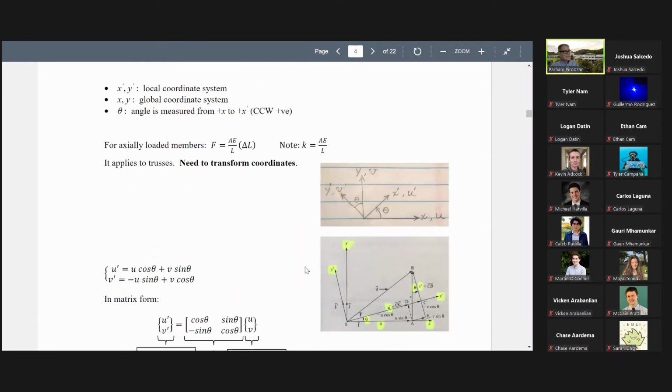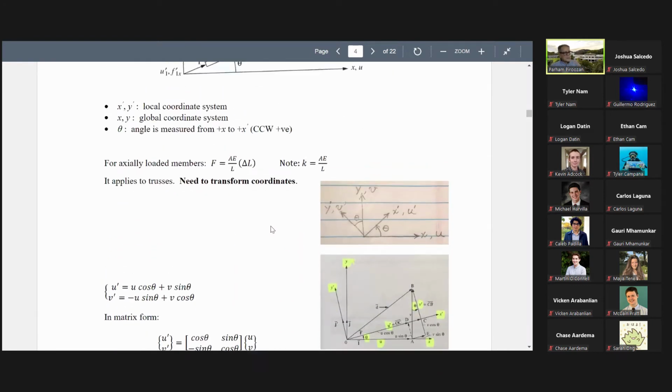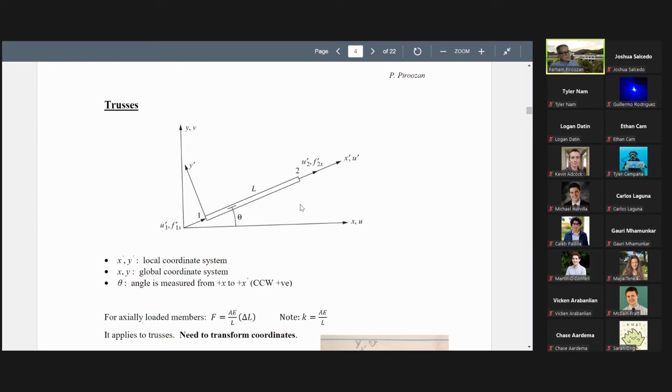Now, we need coordinate transformation because we have two coordinate systems, one local and one global. If we find displacements in local, we need to find the displacements in global. So we need to do this transformation between these two coordinate systems. Let's see how these displacements transform from local to global or from global to local, vice versa.